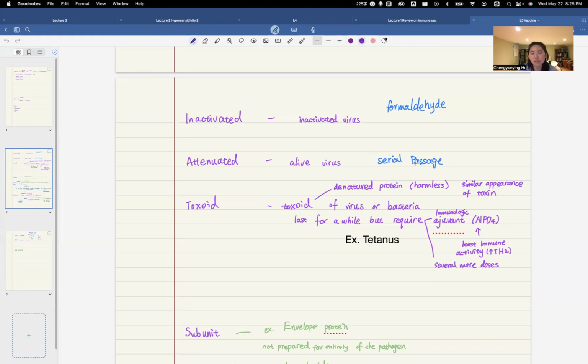Serial passage is when we get the virus that originally will kill people. It targets people's cells and then we give it to animals, for example, monkeys. Through several generations of monkeys, this virus is modified. It attacks more the monkey cells than human cells.